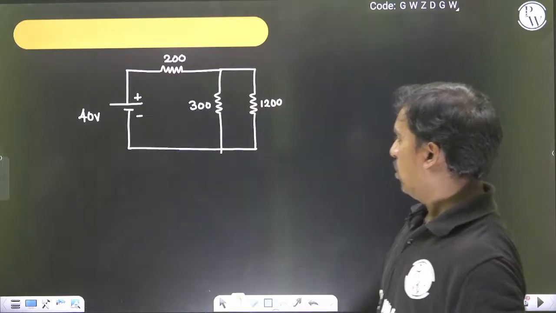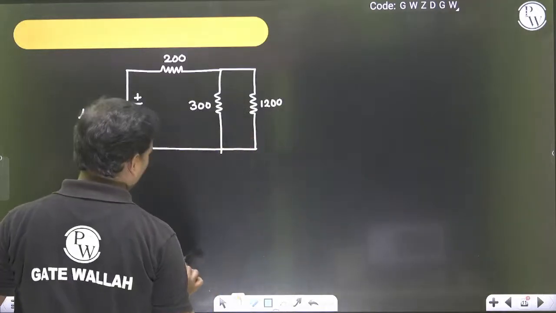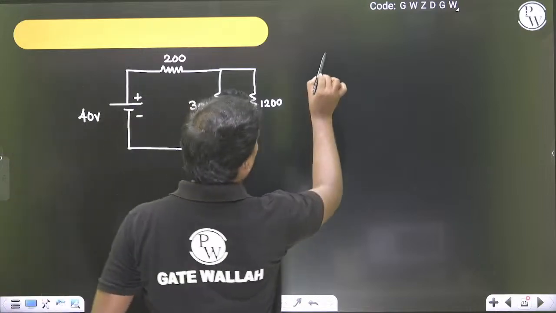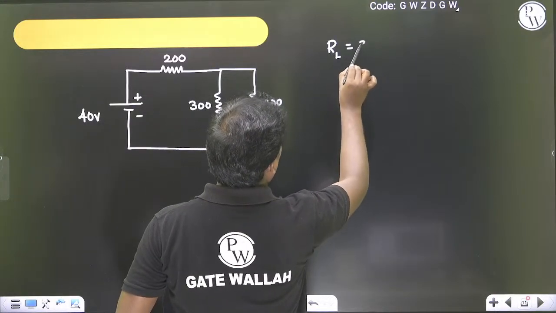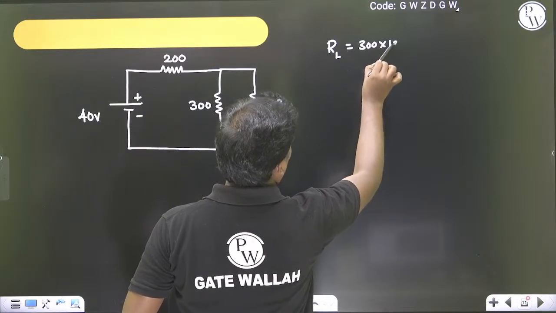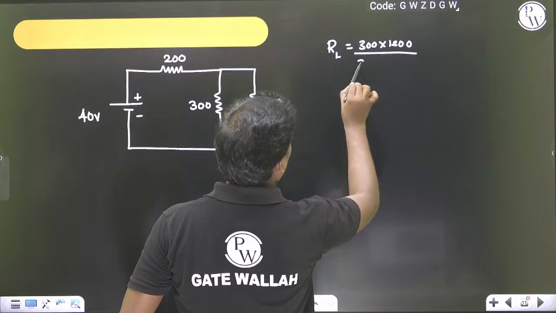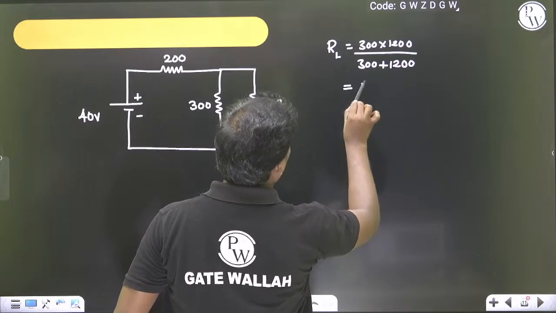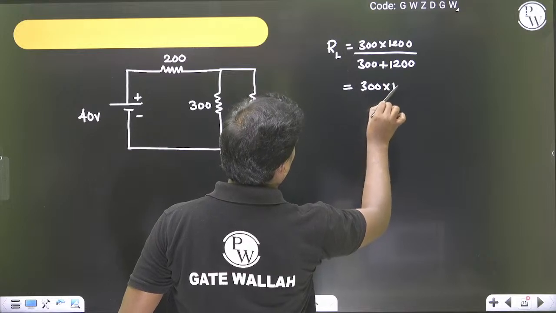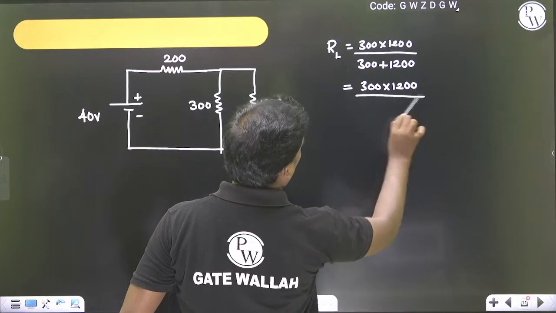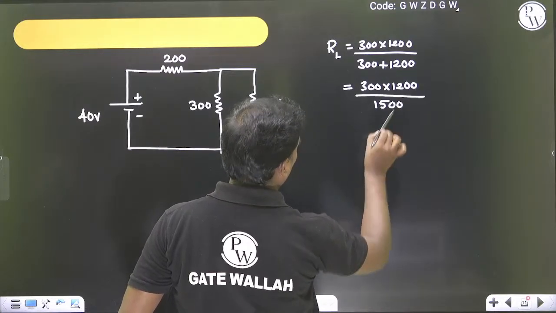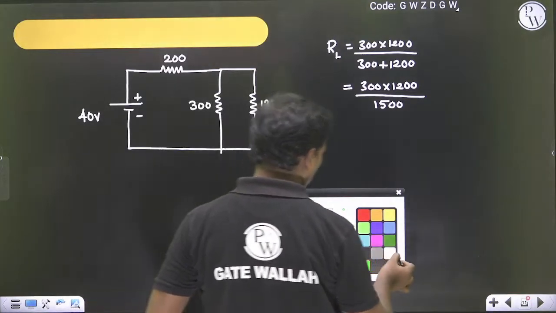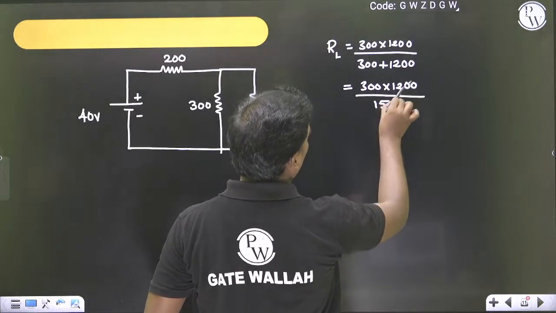Now if you take this parallel combination, 300 into 1200 divided by 300 plus 1200, that is 300 into 1200 divided by 1500.